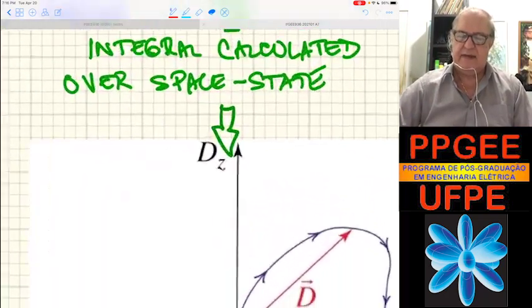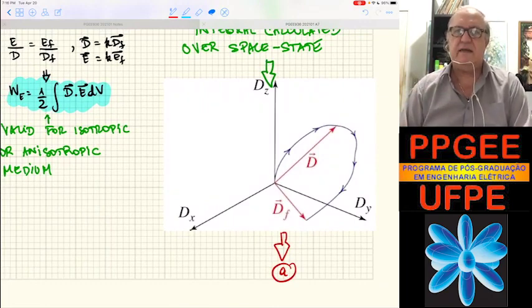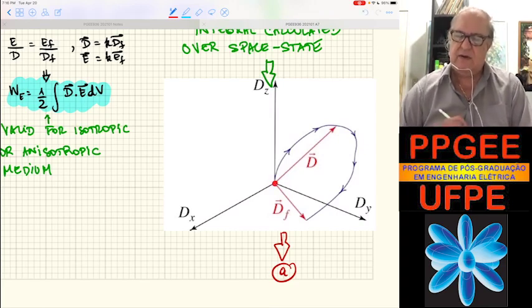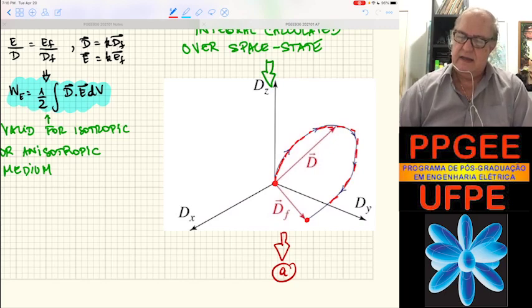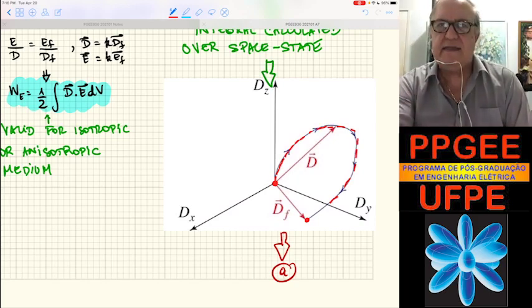The state space is a space in which, in this case, we are doing integration. The integration variable is D. So we are going from an initial state, let's say D equals 0, to a final state, D equals D_f, through a path. We have to determine how D and E are related.